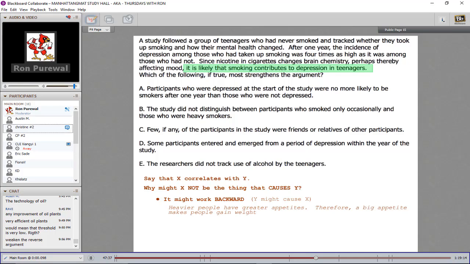This could be the other way around. If being heavier causes changes in your body that give you a bigger appetite, then if gaining weight makes your appetite increase, this argument doesn't work.